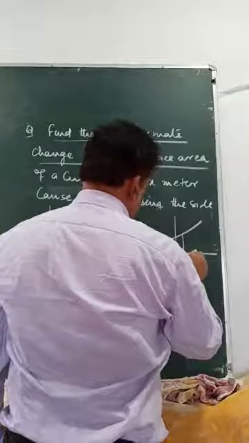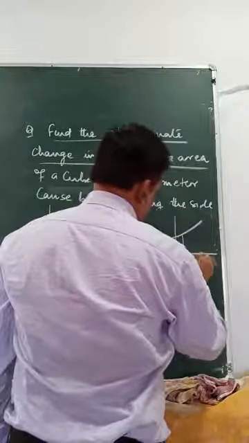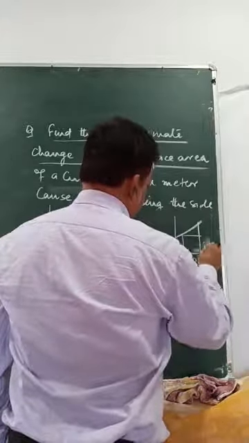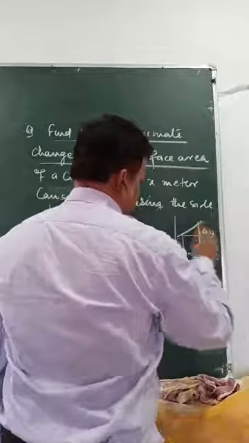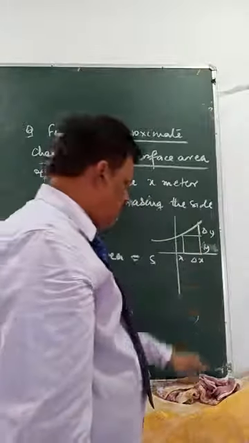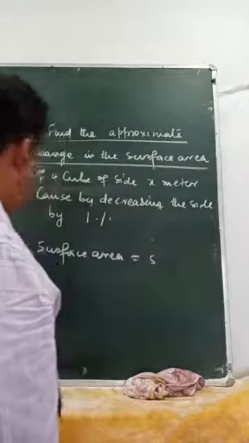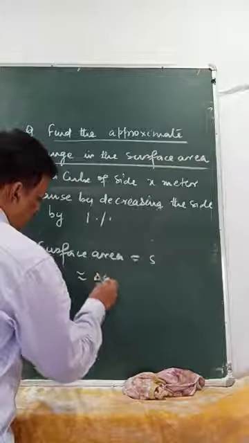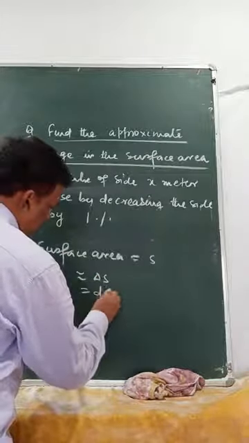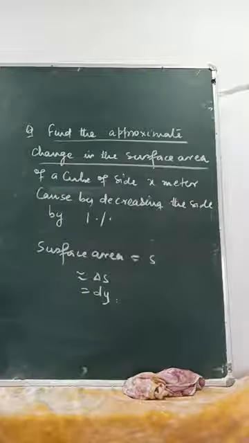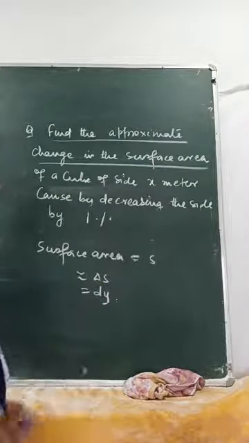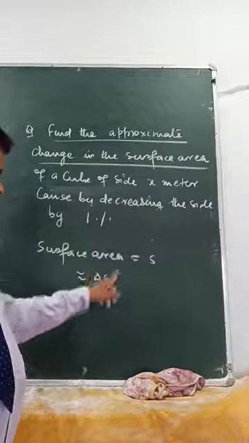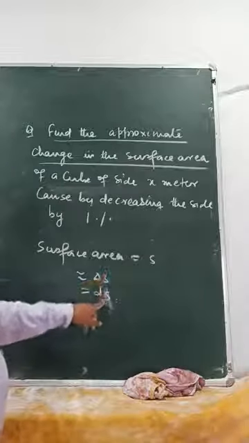If this was X, this is delta X, this was your Fx meaning Y, this is your delta Y. Change in Y is delta Y. So surface area change means delta S, which is approximately dS. That is what you want to find out. Delta S is a very small number, so dS and delta S will be almost the same here.